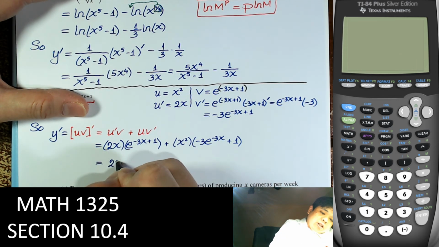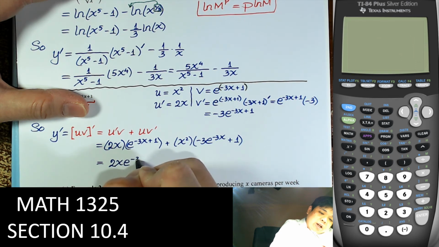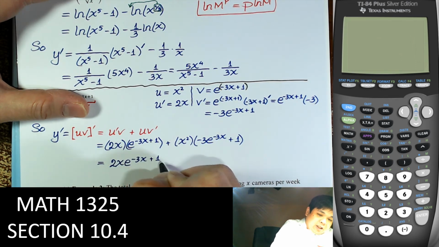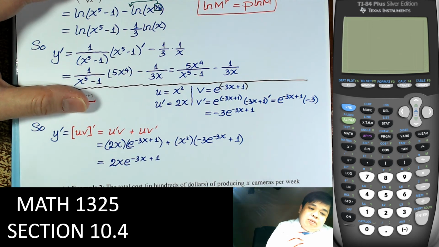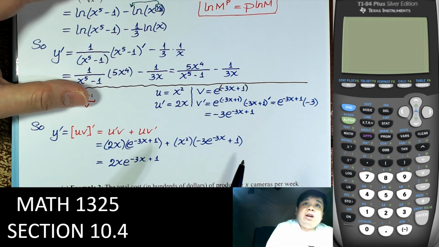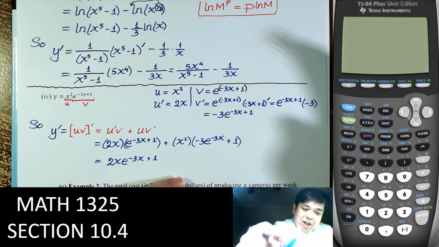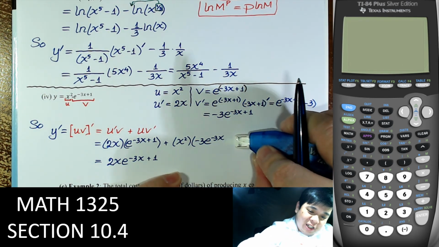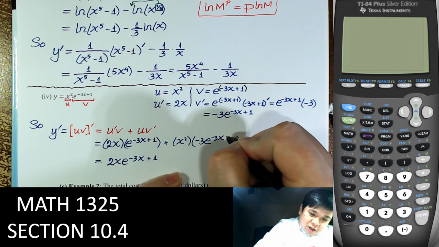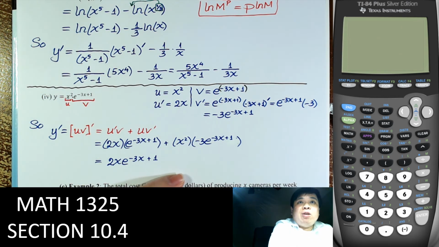So you have 2x e to the -3x plus 1. And yeah, you can just leave it like this. If you want to make... oh sorry, I wrote that terribly. Remember the plus 1 is on the exponent. Right, be mindful with that.